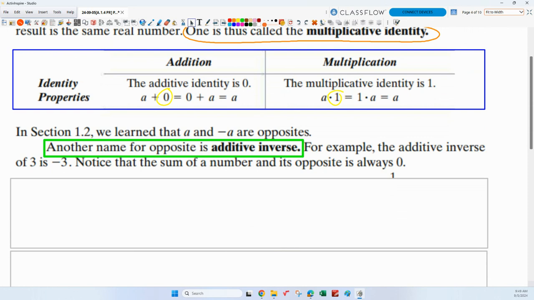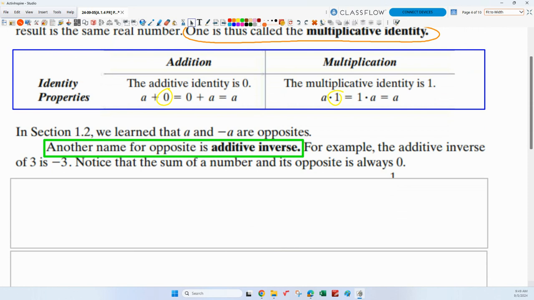Really, that's just an opposite. The additive inverse for us is the very same thing as the word opposite. The additive inverse of A is just the opposite of A, which would be negative A. To find an opposite, don't I just multiply that number by -1 to get its opposite, right?